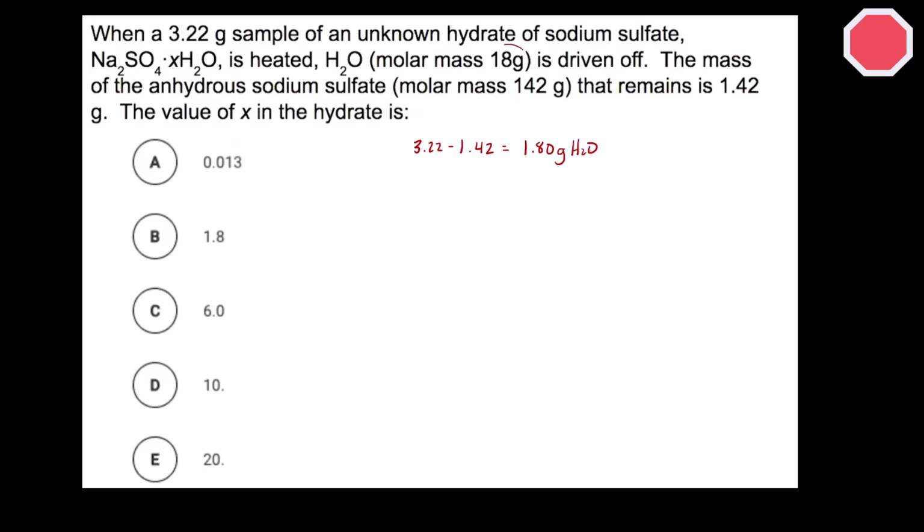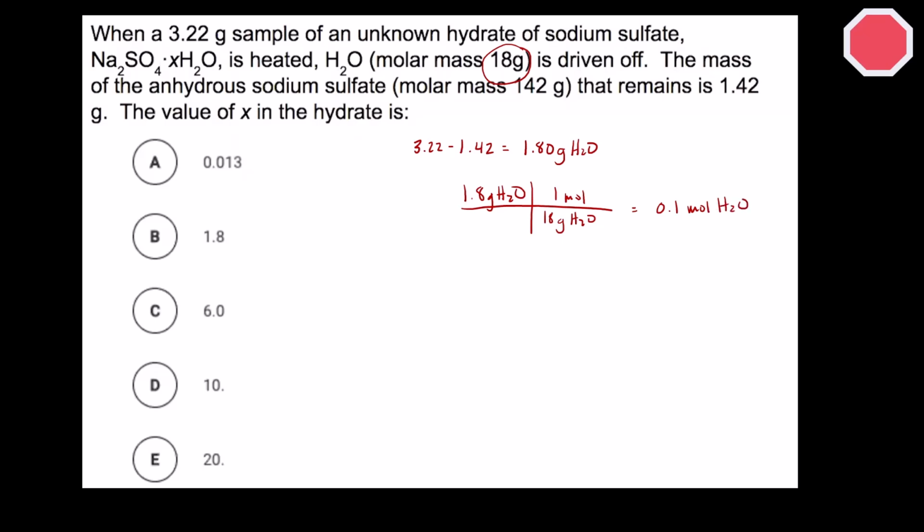And it gives us the molar mass, and it wants us to use 18. So if we have 1.8 grams of H2O, and we want to calculate how many moles of water that is, we're dividing it by 18 grams of H2O for every 1 mole. And so we're left with 0.1 moles of water.